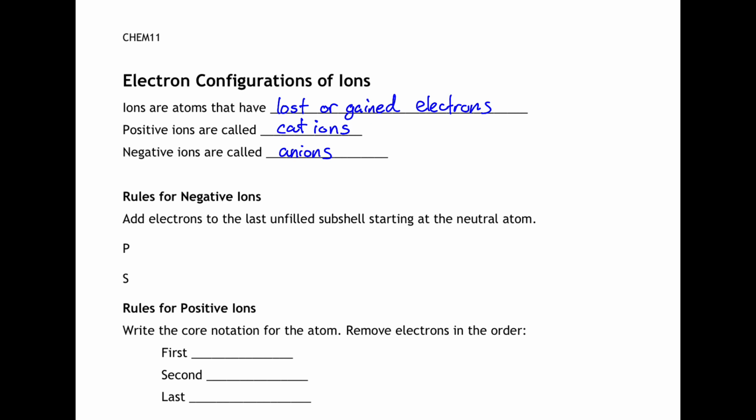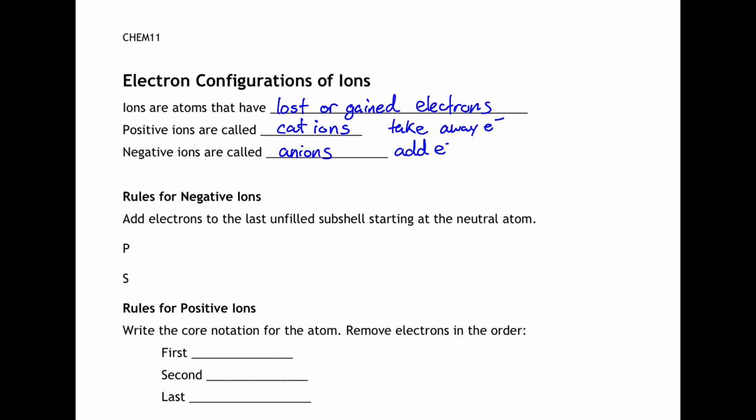And so negative ions add electrons, and positive ions take away electrons. Because remember, electrons are negative, so the plus and minuses are always reversed. So rules for negative ions, most stable, basically they just add electrons until they fill their last subshell. They're very straightforward and boring. They don't usually get multivalences. They tend to just be pretty strict.